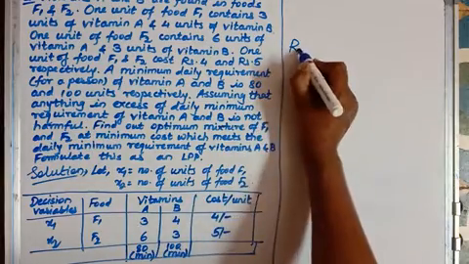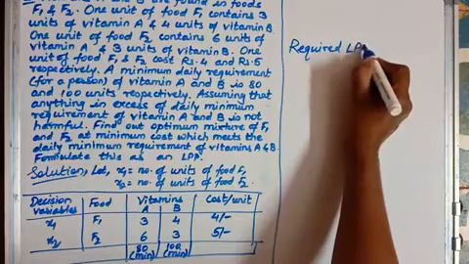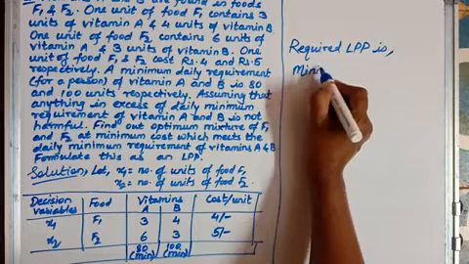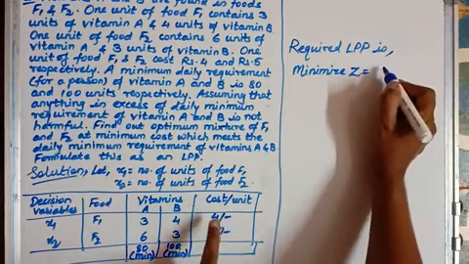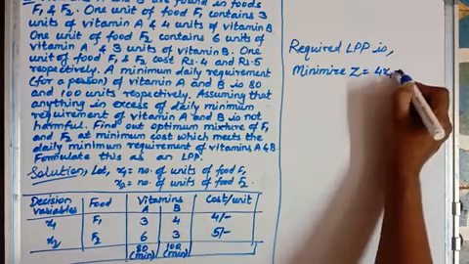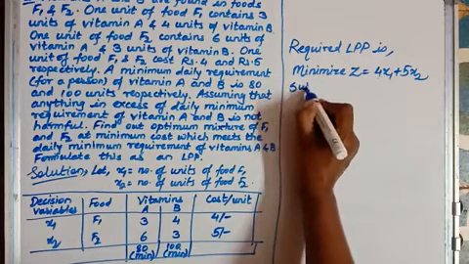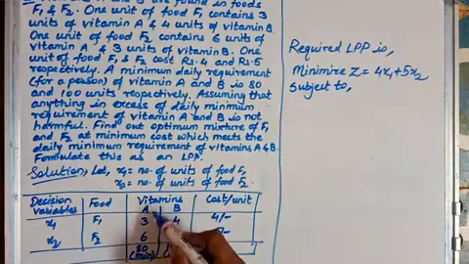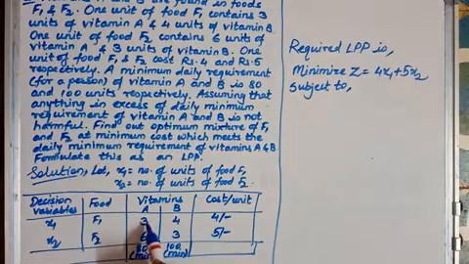So I will write here the required LPP is: minimize Z equal to 4x1 plus 5x2 subject to. Now clearly the constraints are about vitamin A and vitamin B. For vitamin A the constraint is 3x1 plus 6x2.